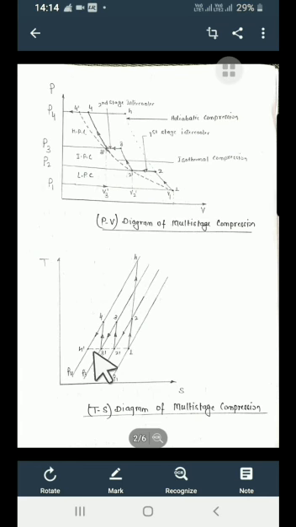So it is a horizontal line in a TS plot. 2 to 2 dash is the heat rejection process. So the temperature of the compressed air comes down and it is equal to the temperature of fresh air at point 1. So this is the complete TS diagram of the three-stage compression process.